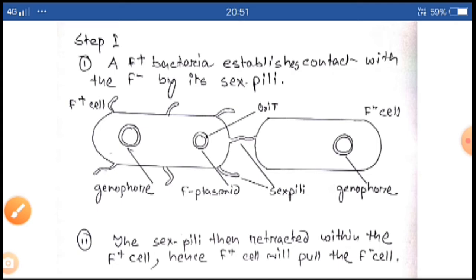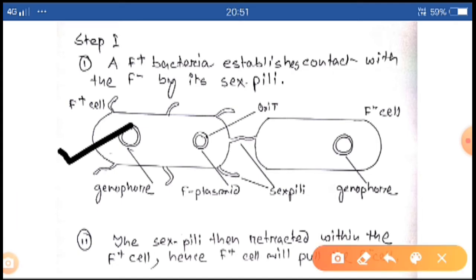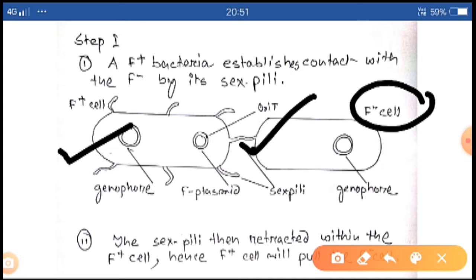So at the beginning, this F plus cell makes contact with the F minus cell by means of the sex pilus.